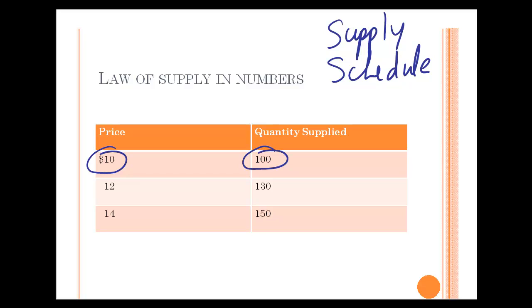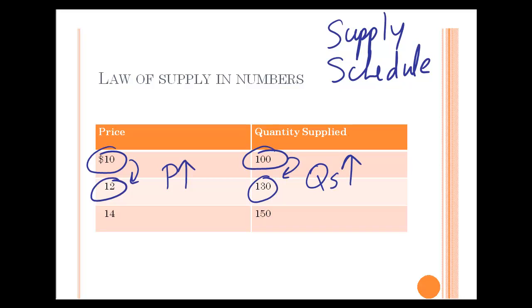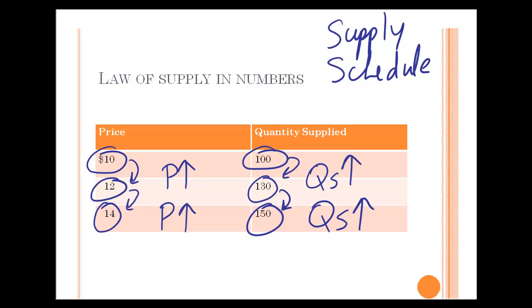But if the price rises, let's say, to $12, price goes up, quantity supplied goes up. That's our law of supply. And if the price goes up again, let's say to $14, again, quantity supplied goes up from 130 to 150. So what we see before us here is the law of supply in numbers.